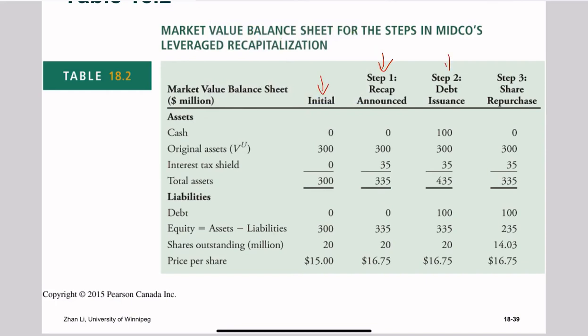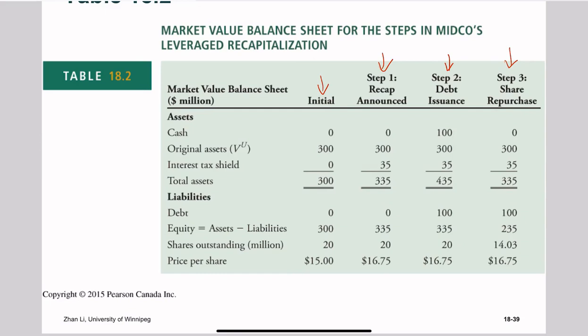And next, the firm will actually issue some debt and raise cash. And in the final step, the firm will use the cash raised from the debt to do this stock repurchase. So now let's see how the asset and liability will change and how the share price and shares outstanding will change.